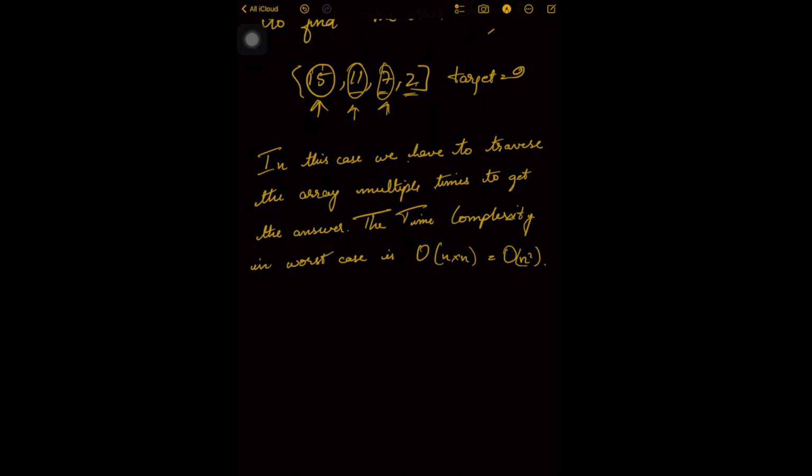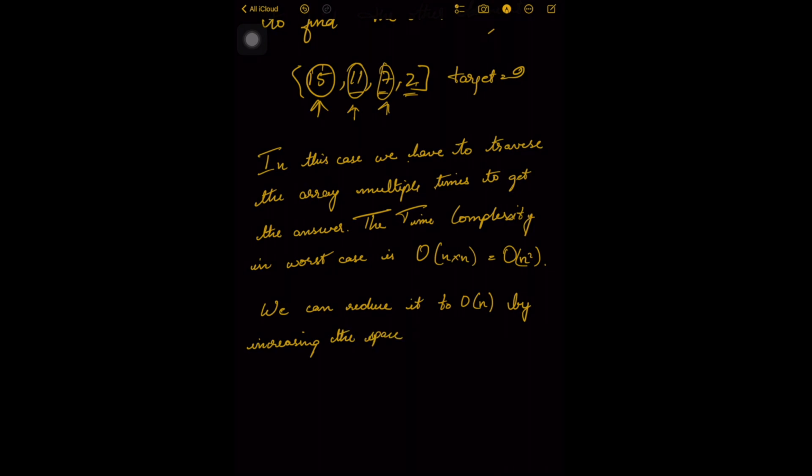Now, in order to reduce time complexity from O(n square), there are many methods you can use. In this case, what we're going to use is we're going to increase the space complexity. Currently, the space complexity is constant. We're going to reduce the time complexity to O(n), and we're going to increase the space complexity to O(n).